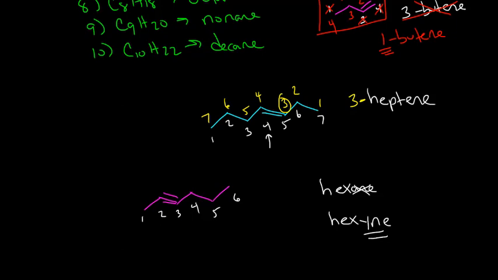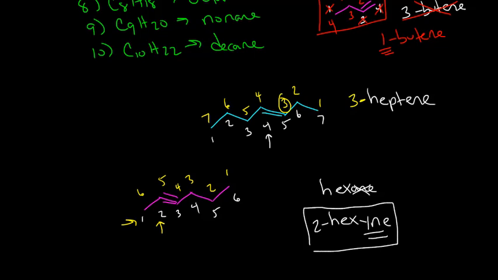Okay? And the last thing we need to do is figure out if 2-hexyne is the best name for it. Let's number it from the other direction. 1, 2, 3, 4, 5, 6. So in white here we have 2-hexyne, but in yellow we have 4-hexyne. So 2-hexyne is the correct name, right? 2 is less than 4. So this compound is 2-hexyne.